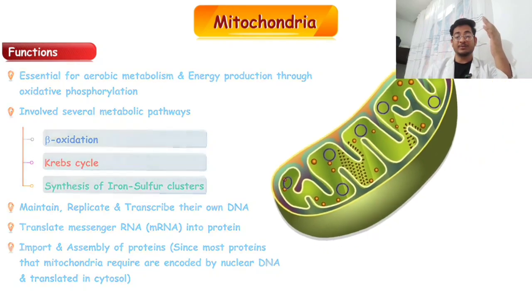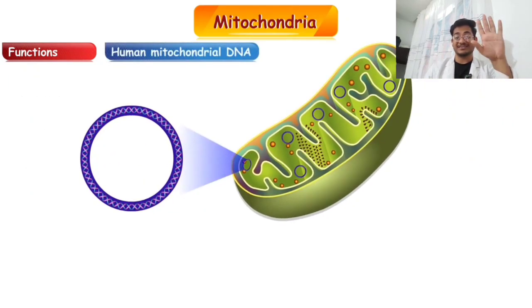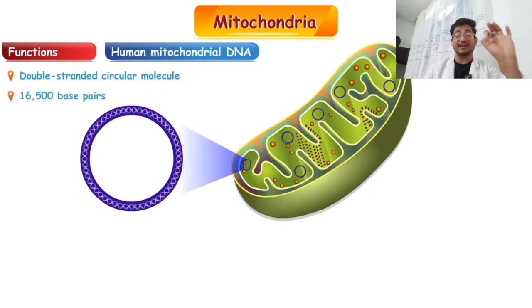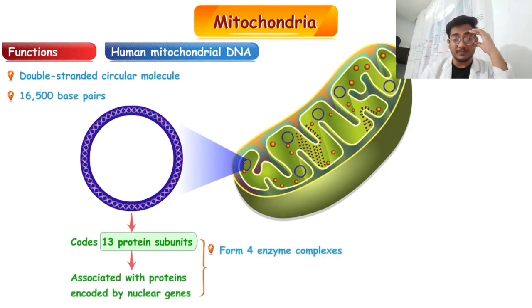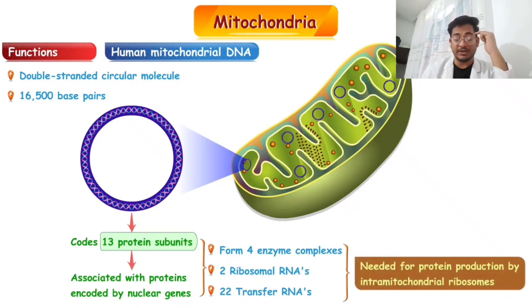Specifically, human mitochondrial DNA is a double-stranded circular DNA containing approximately 16,500 base pairs, compared with over a billion in nuclear DNA. It encodes 13 protein subunits that are associated with the nuclear genes, to four enzyme complexes, plus two ribosomal and 22 transfer RNAs that are needed for protein production by the intramitochondrial ribosomes.